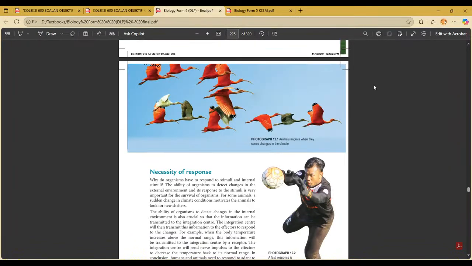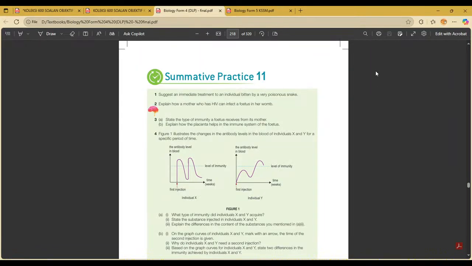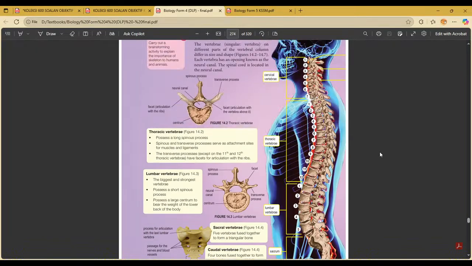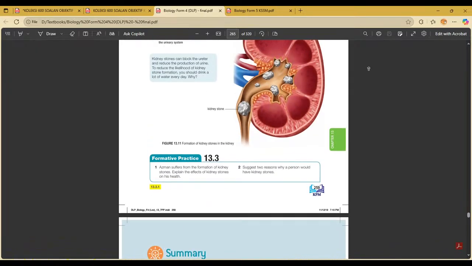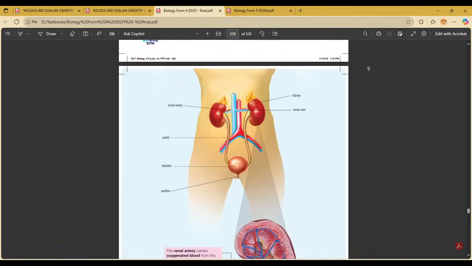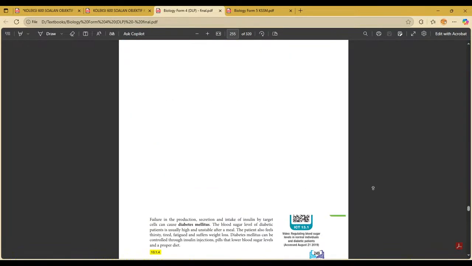Is it? No, it's in chapter 14. Maybe no, not 14. Is it 13? What's hormones?